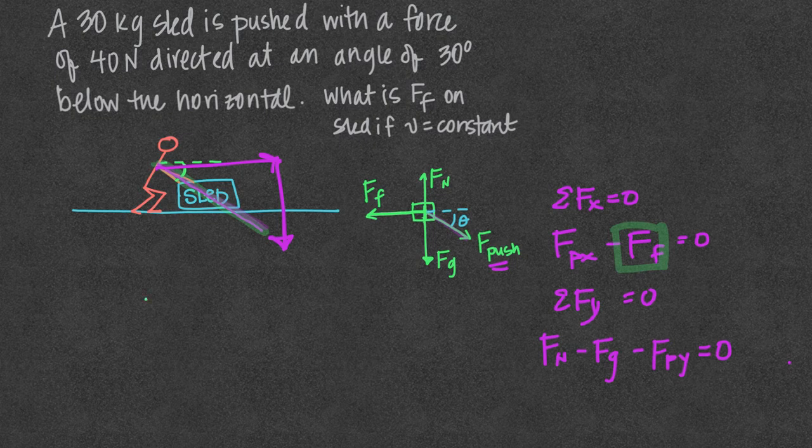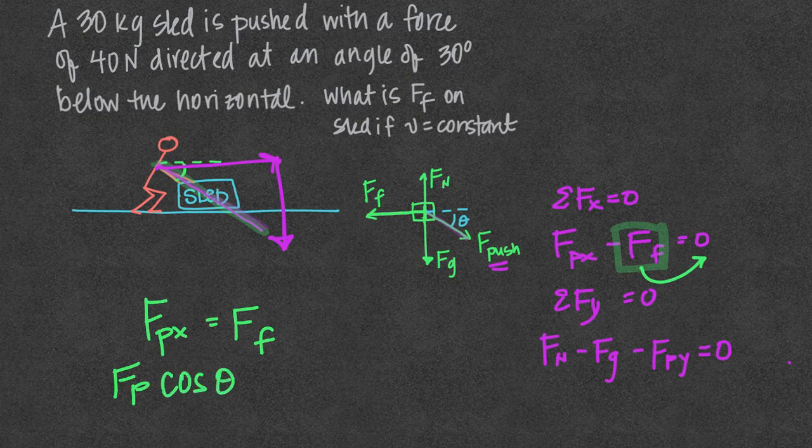So I'm going to come over here and write force push in the x direction is equal to the force friction. I just added the force of friction to both sides. Force push in the x direction will be equal to force push times the cosine of the angle, just like we've done before, and that will equal our force of friction.